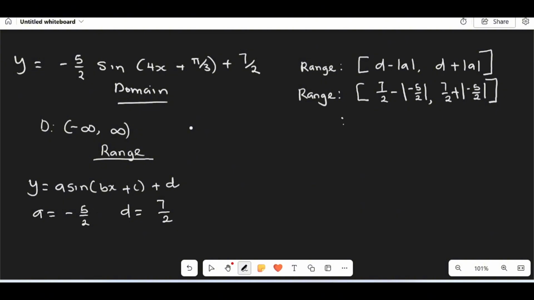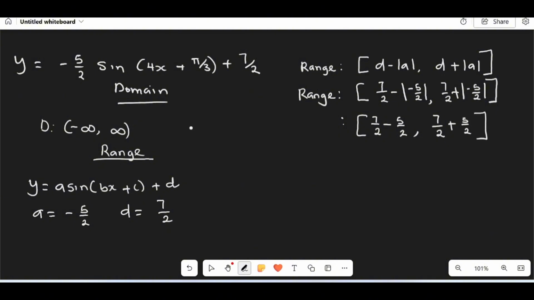So I'm going to have 7/2. The absolute value of minus 5/2 is 5/2. So we are going to have 7/2 minus 5/2, and 7/2 plus 5/2.